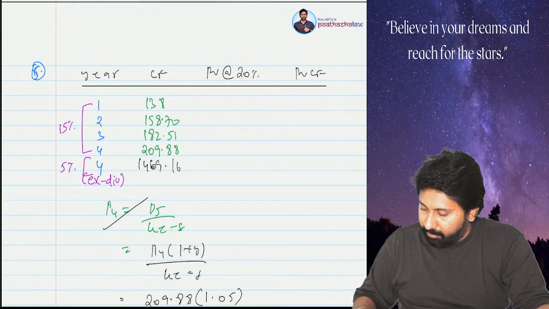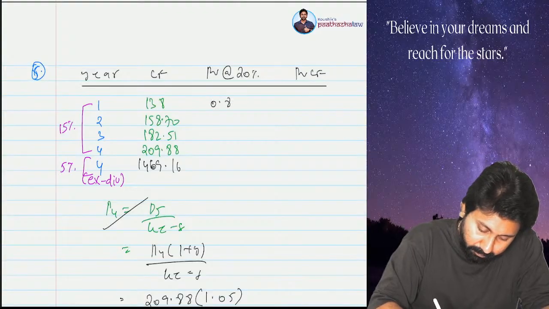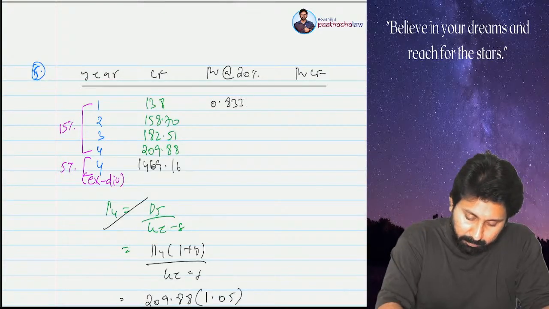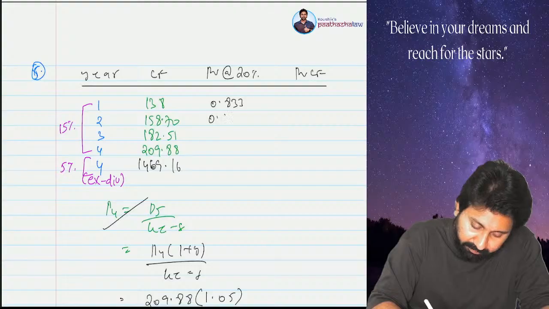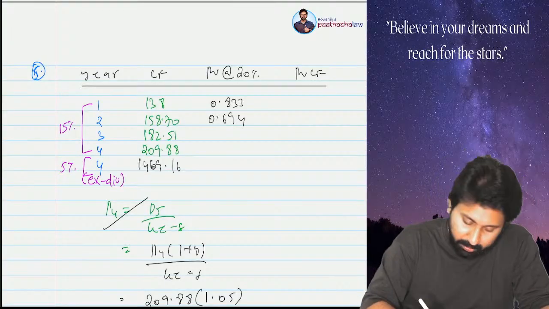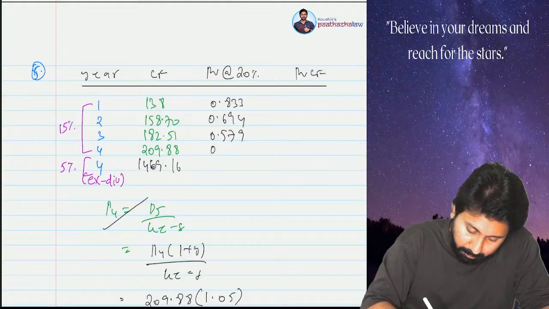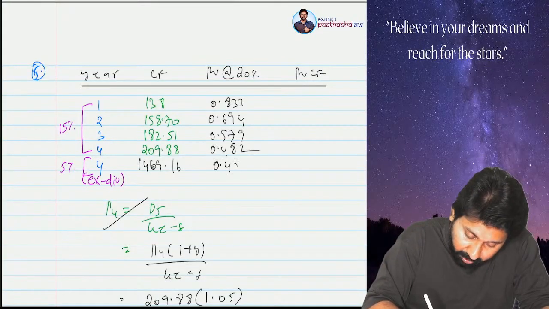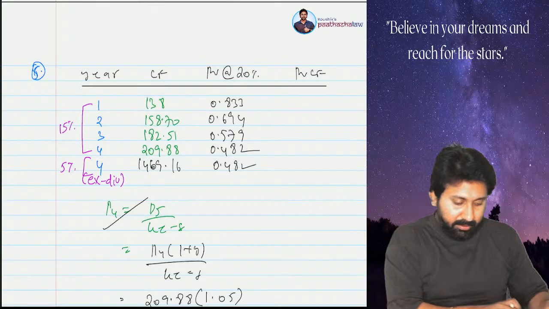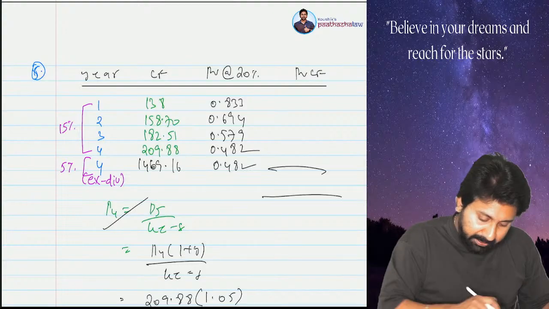1 divided by 1.2 is 0.833, rounding off to 3 digits. Then 0.694, 0.579, 0.482. The dividend and the selling price both belong to the same period, so both use 0.482. Now directly do M plus and tell the calculation.